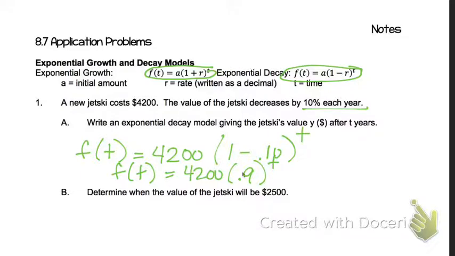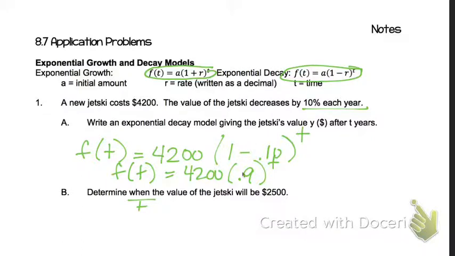Oh, okay. So that's what you're solving for. And then part B, it says determine when. So if it says determine when, that means I'm going to be solving for time. Like how many years is it going to take for my jet ski to be valued at $2,500? So what I want to do is plug in on the left-hand side.